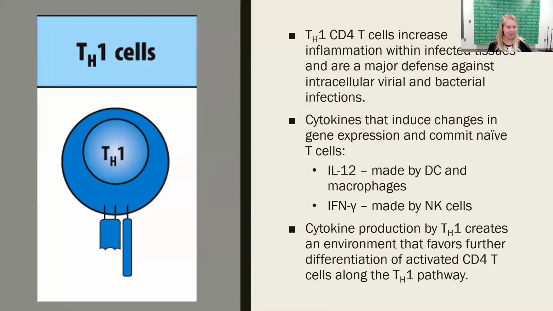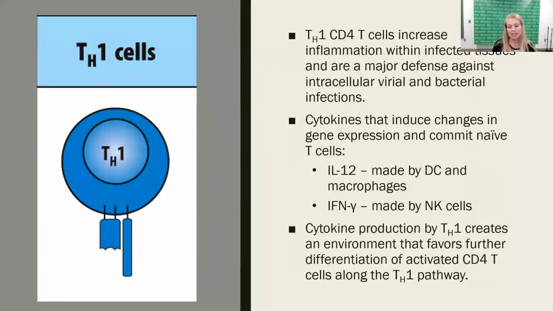And think inflammation. When you hear Th1, think inflammation, because these cells are going to produce cytokines that drive or increase inflammation. And so IL-12 is going to be an important cytokine. It's made by dendritic cells and by macrophages, and it will drive a CD4 positive T cell to become a T helper 1.